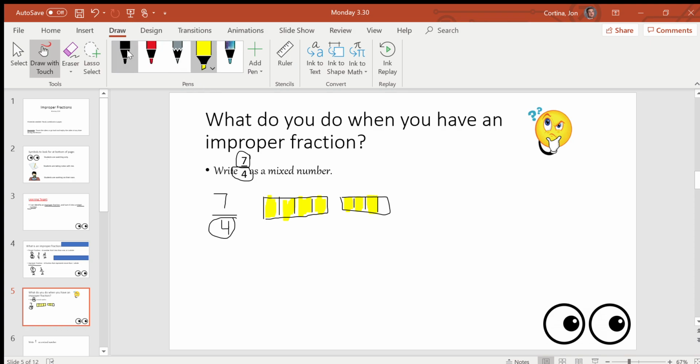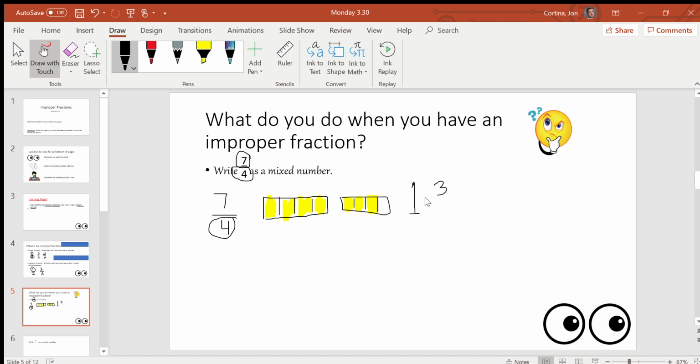Okay, so now we need to look at this and think to ourselves, well, I shaded in one whole tape diagram. So we're going to write the number 1 to represent that one whole. Okay, and then what's left over? On this tape diagram, we have 1, 2, 3 fourths left over.